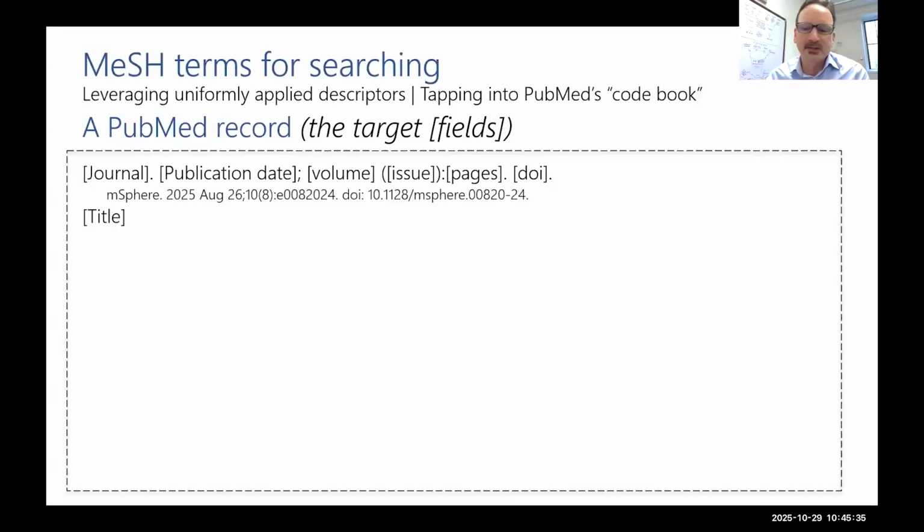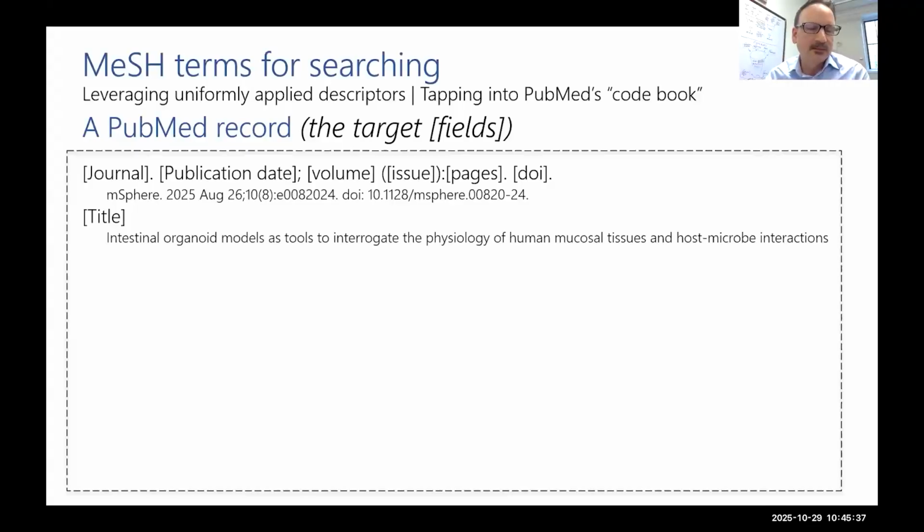There's another field called title, which is just the title of the article. There's another field or part of the record called abstract, which has a description of the paper. And then there's a section of most PubMed records, not all, and we'll talk about the significance of that in a second. But most PubMed records will have these MeSH terms assigned.